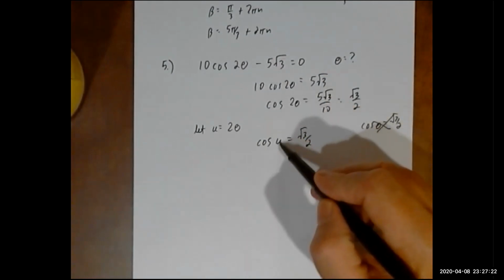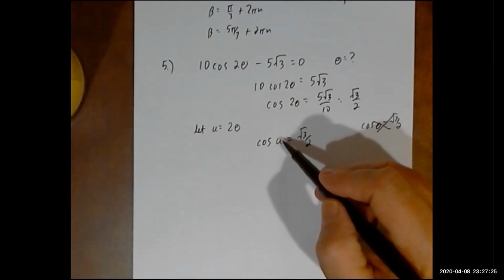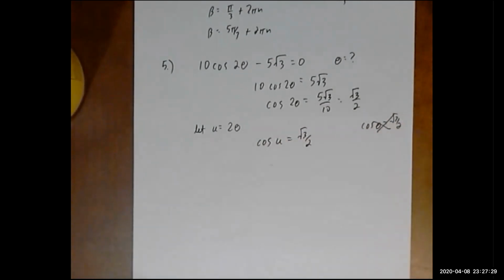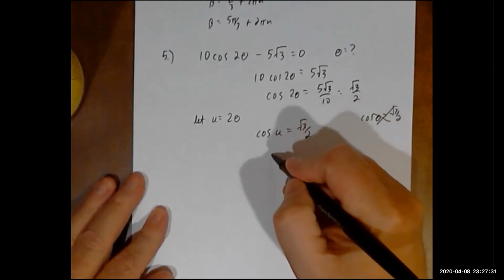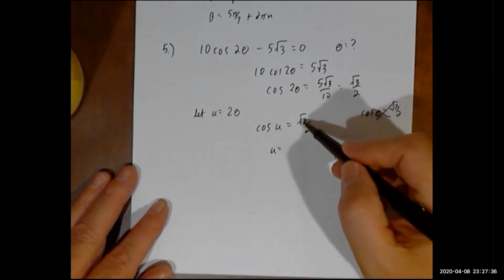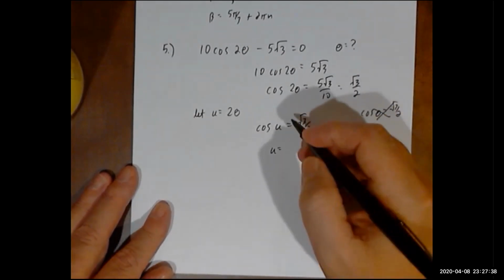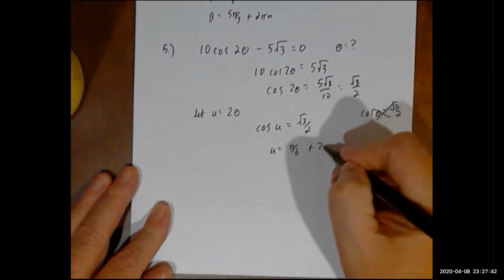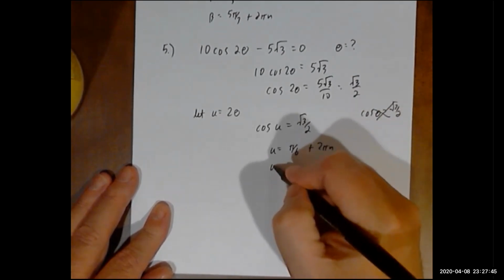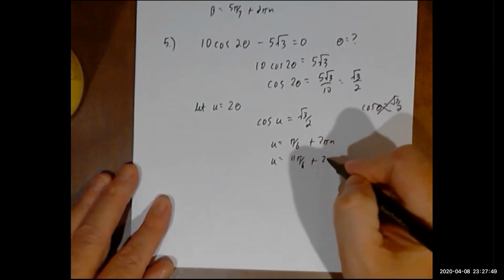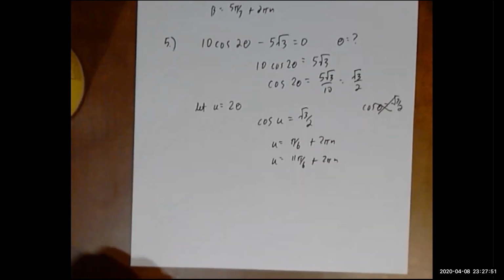Now I've gotten rid of the 2 inside, and I can think of this u as an angle. I can now solve this little equation. You simply say, okay, what's the angle where the cosine is square root of 3 over 2? Because I know my unit circle pretty well, I know it's pi over 6 plus 2 pi n, and also 11 pi over 6 plus 2 pi n. There's 2 angles.